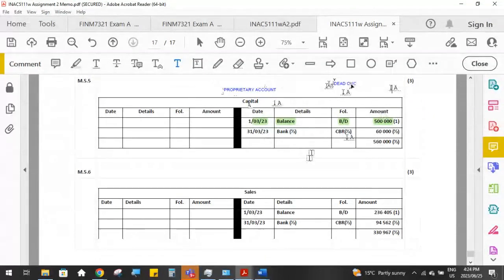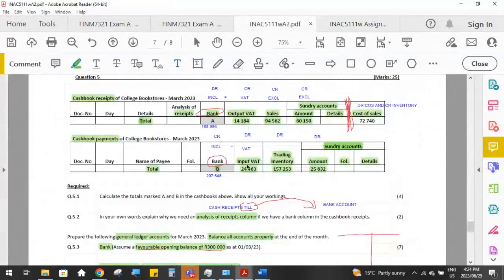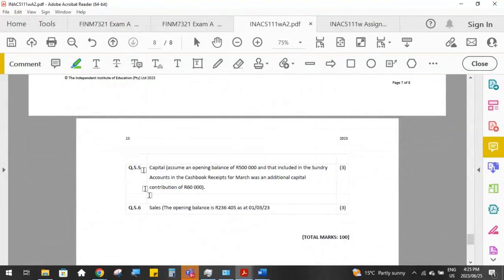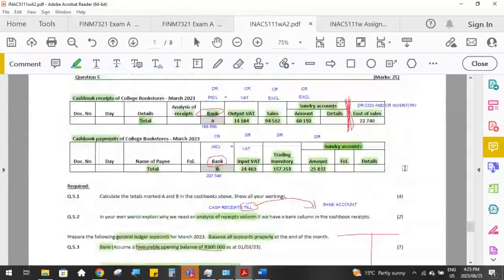And then from our cash book receipts, capital, assume an opening balance of 500, and that included in the sundry accounts in the cash book receipts for March.